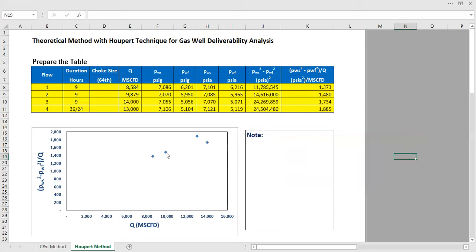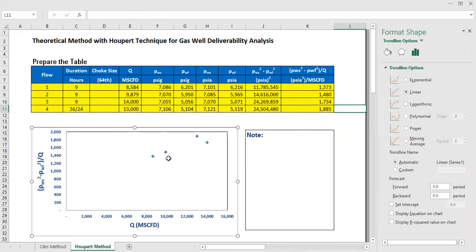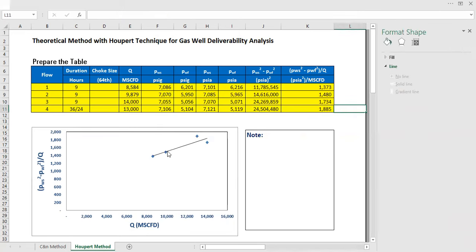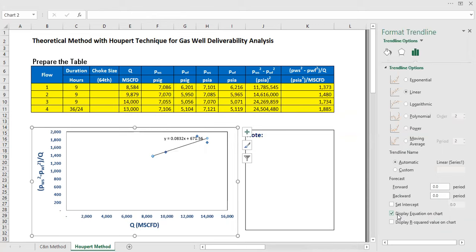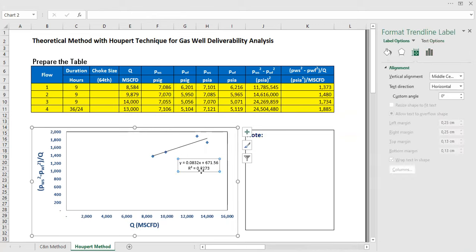And you can touch these dots and right click and add trend line. Wait, this one, trend line, and then display equation on chart, display R squared. And we get the R squared of 0.8273, which is quite good for our trend lining.